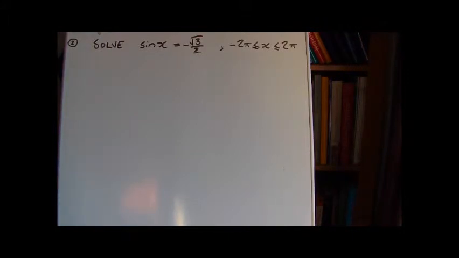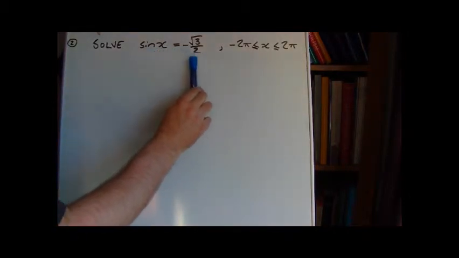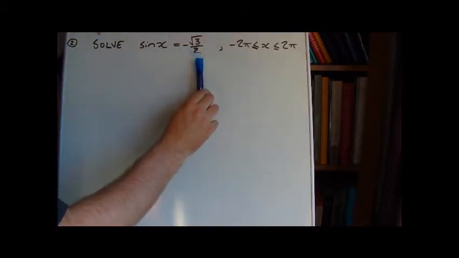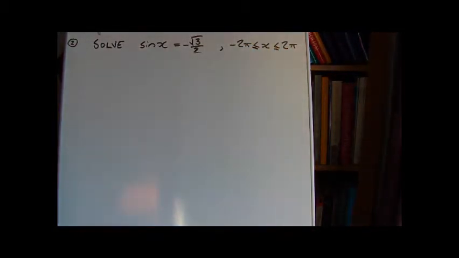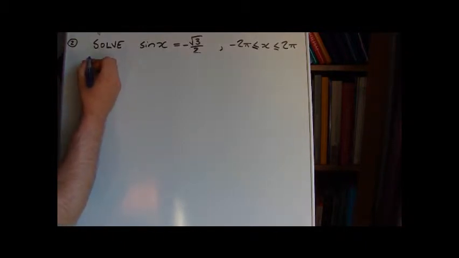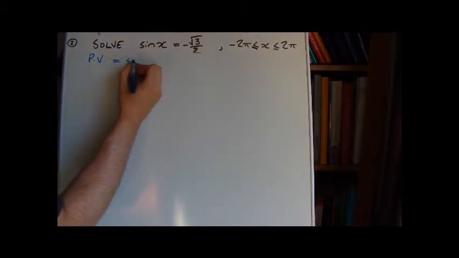In this second example, we've got another trig equation using the sine function, where we have to solve sine x equals minus root 3 over 2. This time the interval is given in terms of pi. That's telling you that we're using radian measure, so you should check your calculator is in radian mode before you continue. We proceed the same way as we did in the first example. We need the principal value. We find that from the inverse sine function.